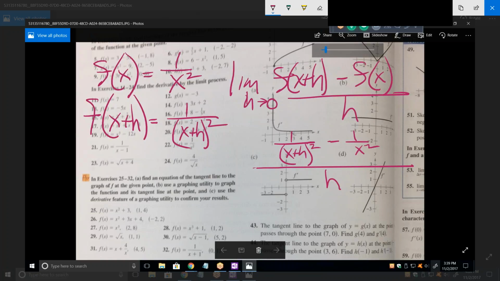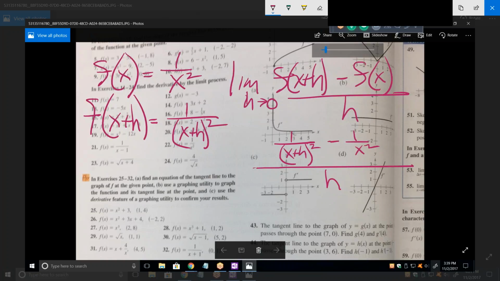We have to operate on those fractions. You have to know how to subtract this 1 over x squared from this. How do you do that? So you'd have to get the denominators of those two fractions the same. A common denominator, exactly.